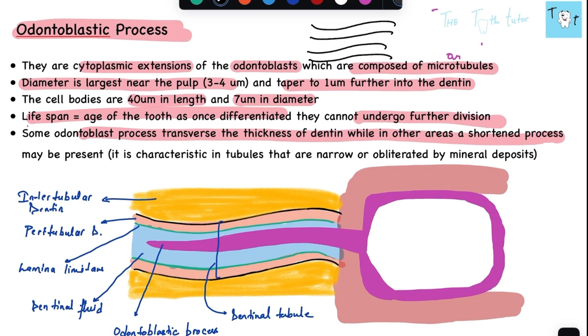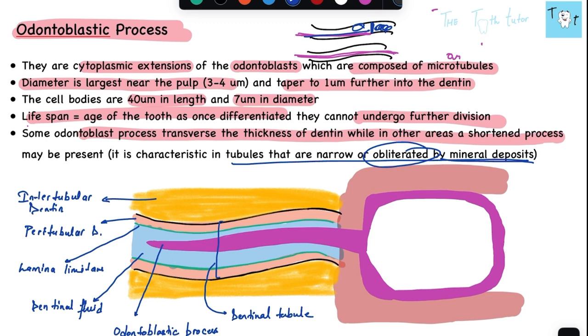Some processes might end over here and some might cross this entire thing and enter the dentino-enamel junction. The shorter one is mainly a characteristic of tubules that are narrow or obliterated by mineral deposits. Maybe some minerals got deposited over here, and that's why this odontoblastic extension is short here.